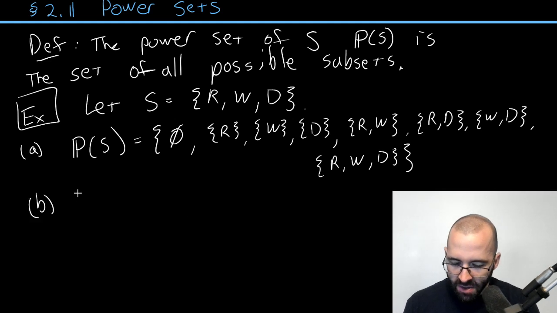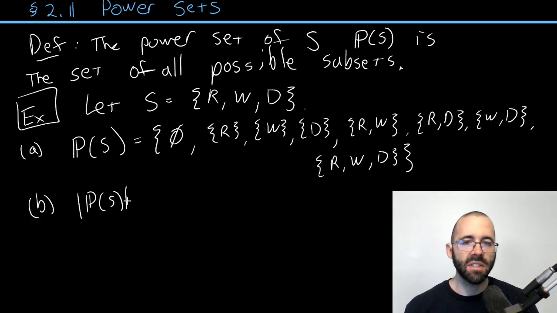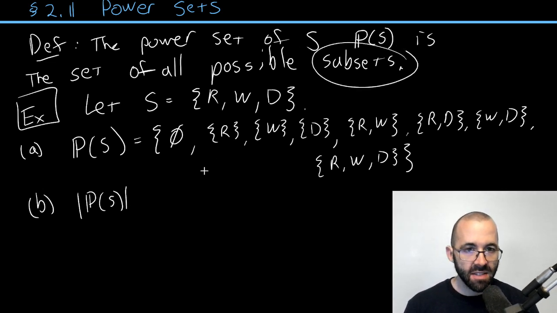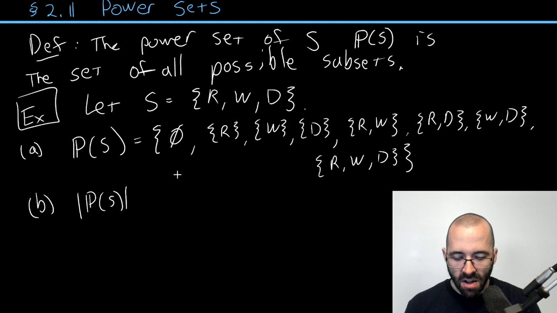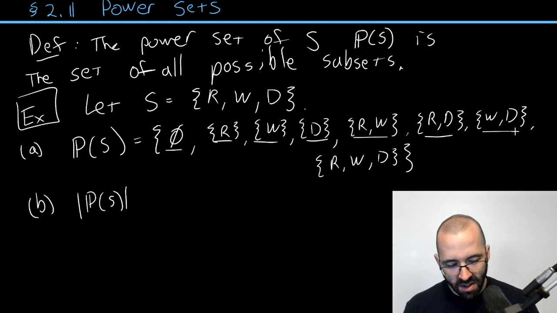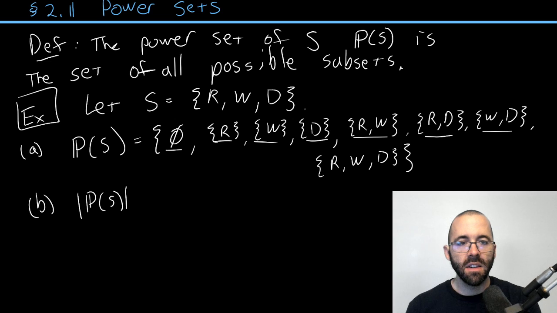And the actual letter B is, what is the size of this power set? Well, we can just count how many elements are in there. Now remember, this is a set of subsets, so its elements are sets. We count the sets. We don't count each individual thing. So 1 set, 2 sets, 3 sets, 4 sets, 5 sets, 6, 7, 8.